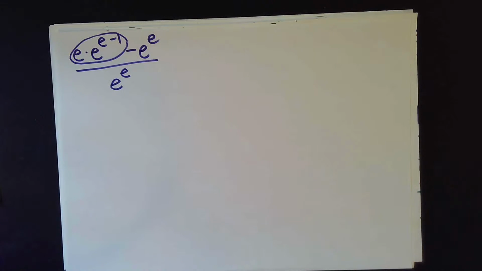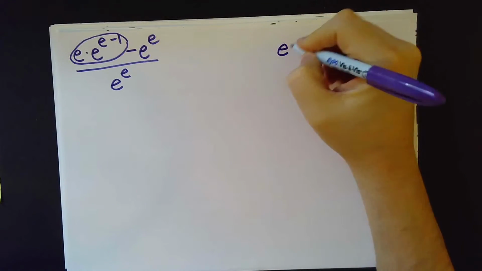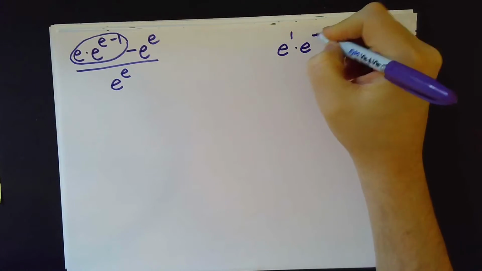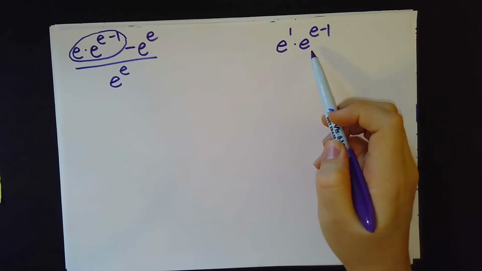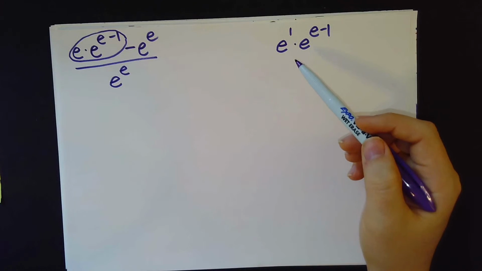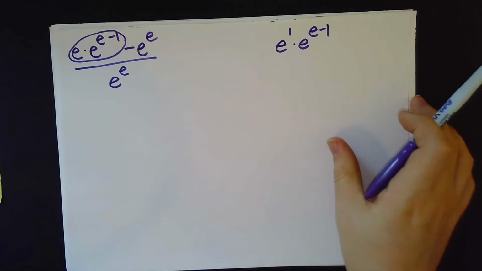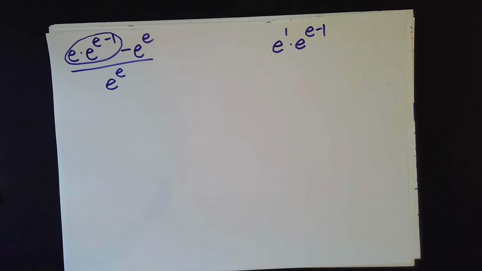I don't think so. So I have here, both of these things have a base of E. One of them is e to the first power. One of them is e to the E minus first power. What do I do with the powers? Add, right.